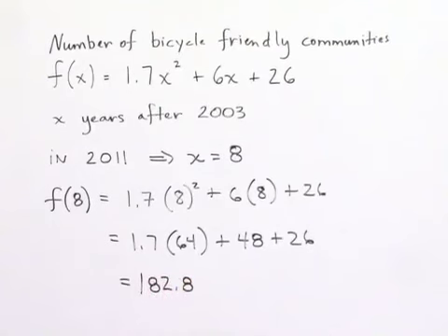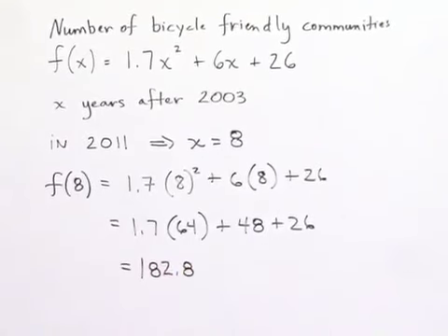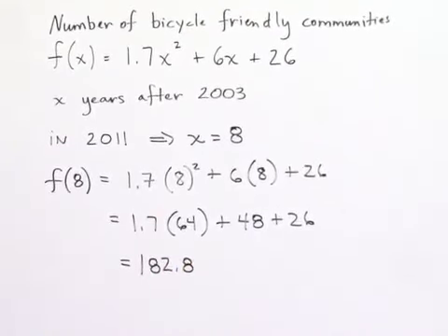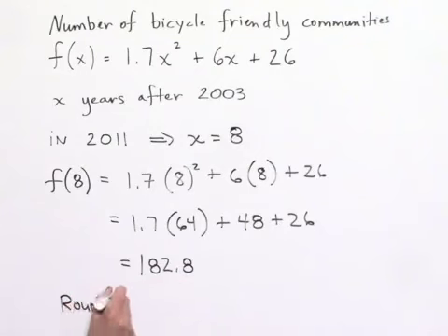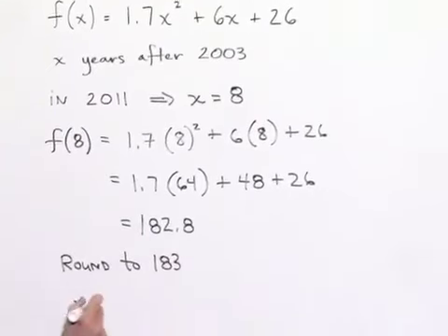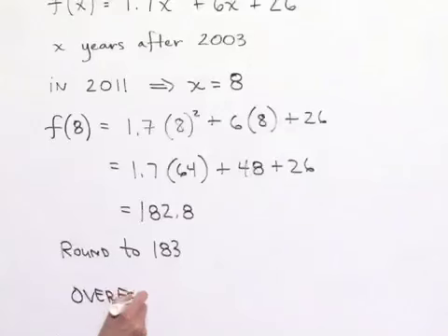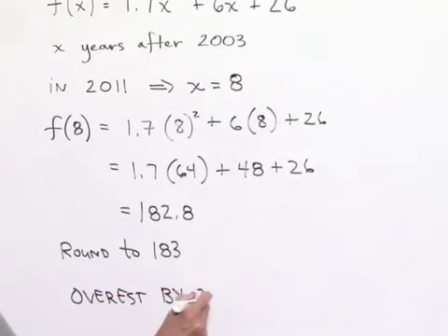Now, looking at the chart, we notice that in 2011 the value is 180. If we take our result and round it, we're going to round to the value of 183. So we can see that this compared to 180 is going to end up being an overestimate by 3 communities.